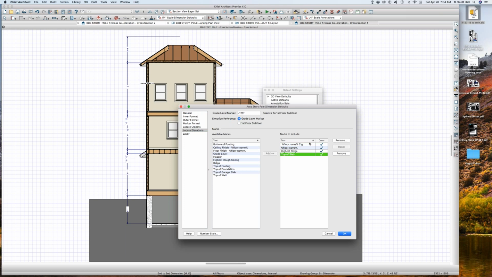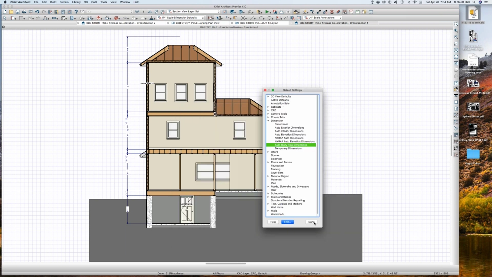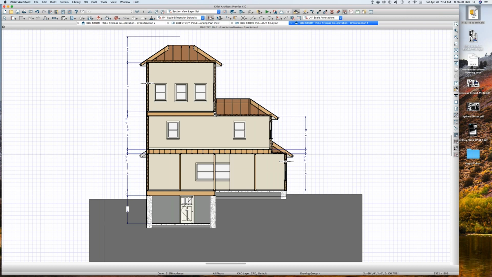But really, actually, I might not. I might just want the highest ridge and the top of the slab. I don't want this. I don't want this. This is maybe the way I really want to do it. Okay, done. MS.